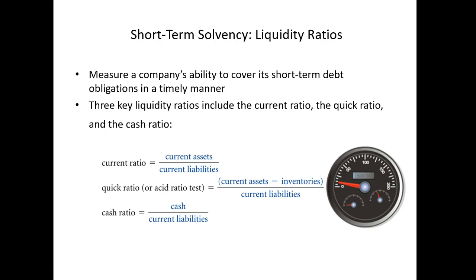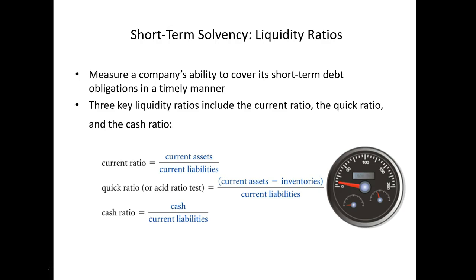So in that case, somebody would say, okay, what if I consider inventory to be worthless? They take it out and measure what is left over, which means they take the current assets, take out the inventory, and compare that to current liabilities. It's called the quick ratio.